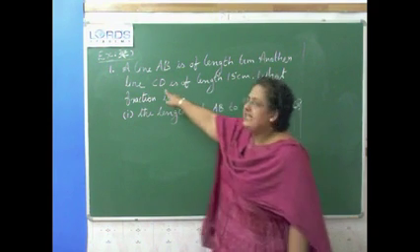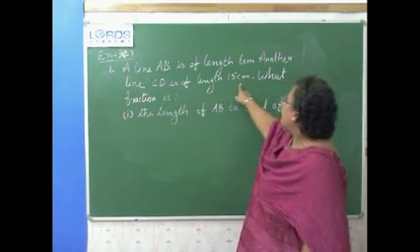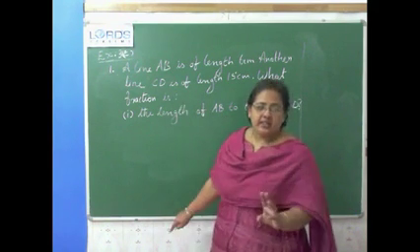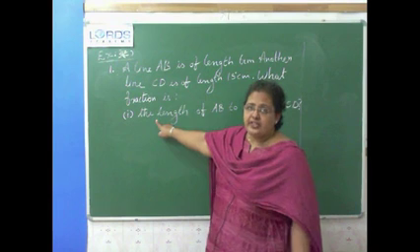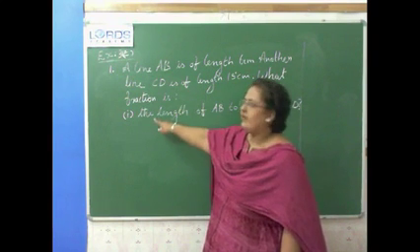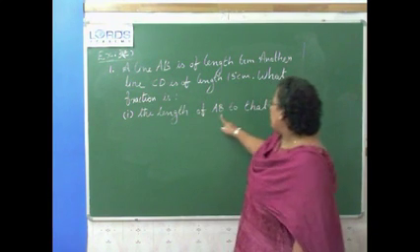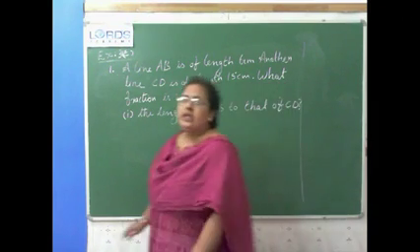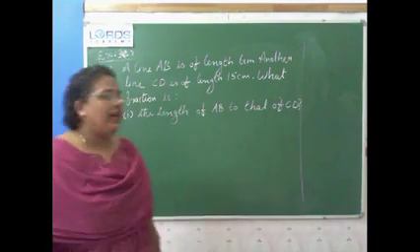Another line CD is of length 15 centimeters. What fraction is the length of AB to that of CD? There are 3 subdivisions. I have written only one subdivision here. Later on, after doing one by one, we will write the others. That is, you have to compare the length of 2 lines.